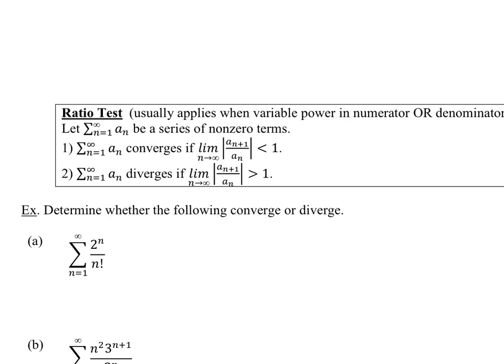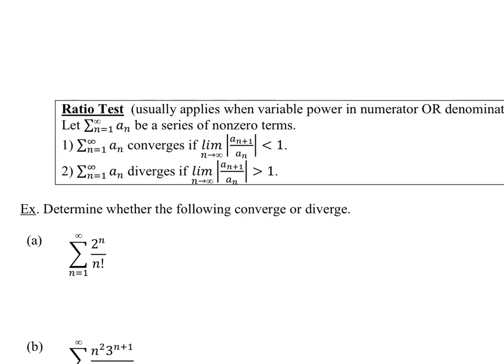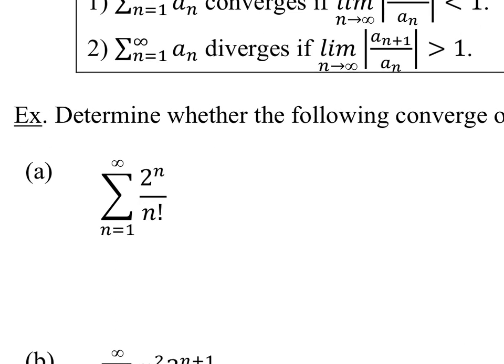Once we do that, we find the limit of that absolute value. If it ends up being less than 1, it converges. The original series converges. If it's more than 1, it diverges. All right, so let me make a note. This is my a sub n.